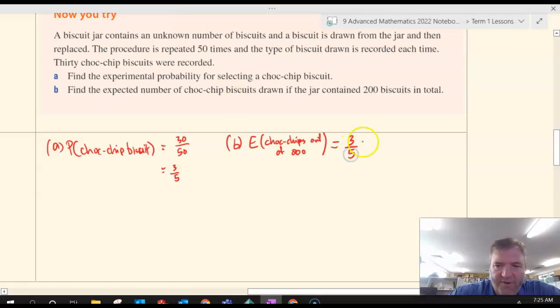Expected number, 3/5 of the 200, which is going to work out to be about 120. So we've got the probability of a Choc chip biscuit about 3/5, and the expected number, if I had 200 biscuits in the jar, I'd expect there to be about 120. Did I say 2/5? I hope I said 3/5.